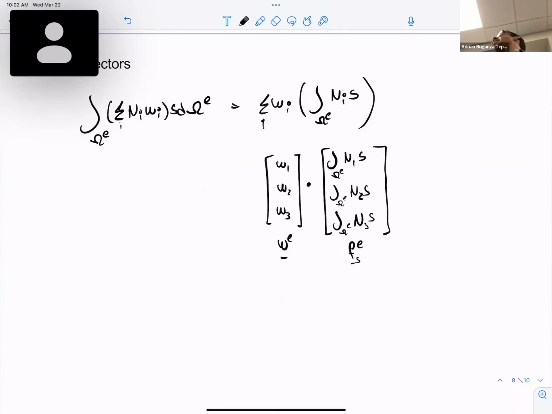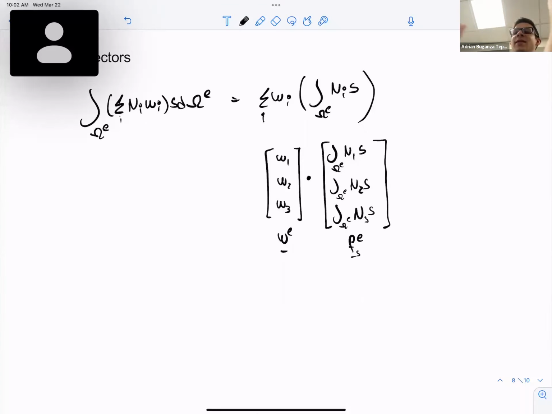What is different? Well, the difference is that these integrals are over the triangle, whereas in the 1D case, these integrals were over the piece of line. Now, how do you compute those integrals? Again, I'll tell you for the linear triangle, because that one is not too bad.